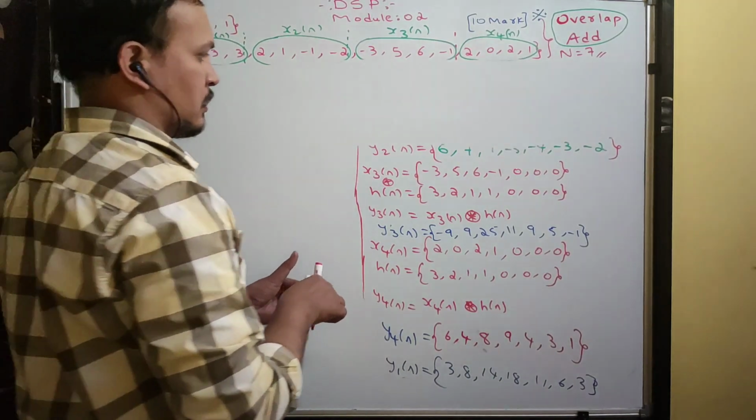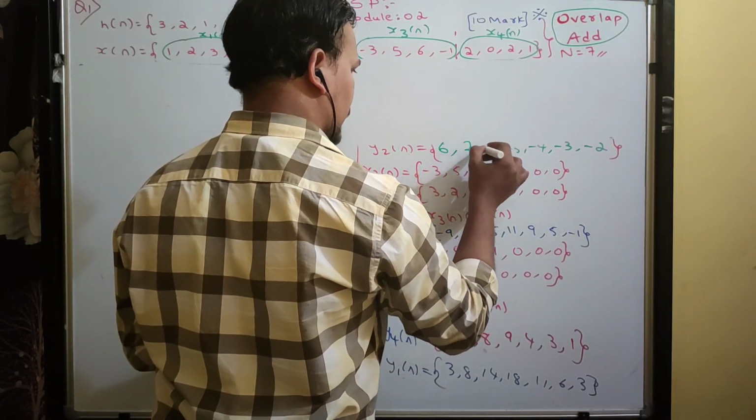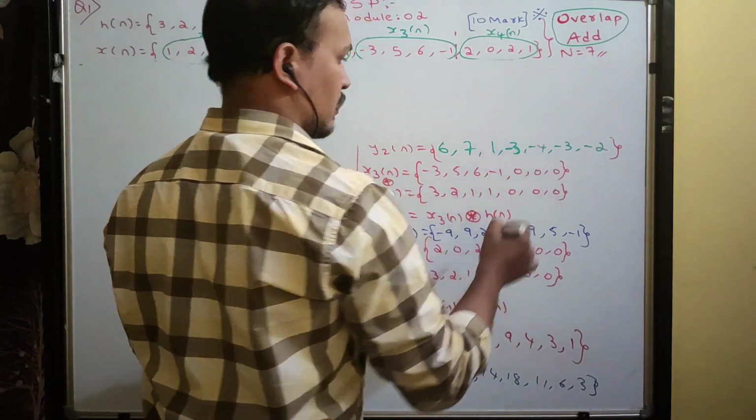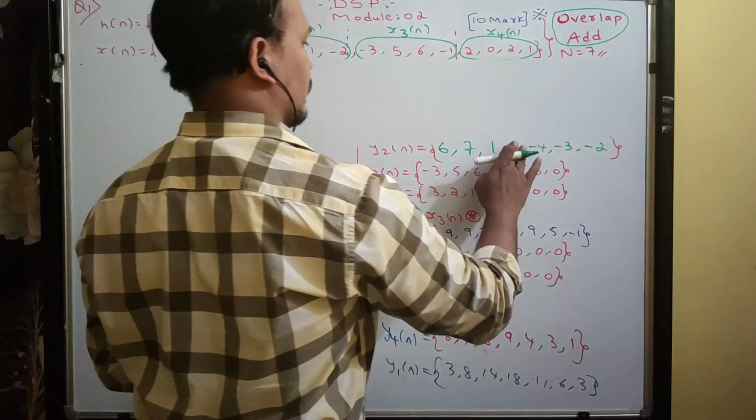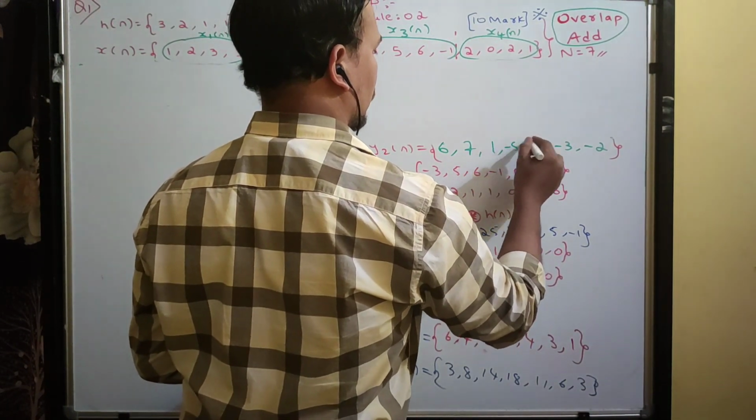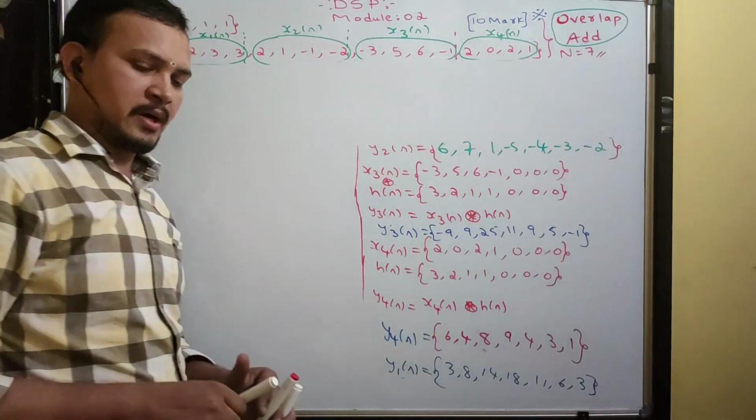So what is your y2 of n? 6, 7, 1, minus 5, minus 4, minus 3, minus 2.